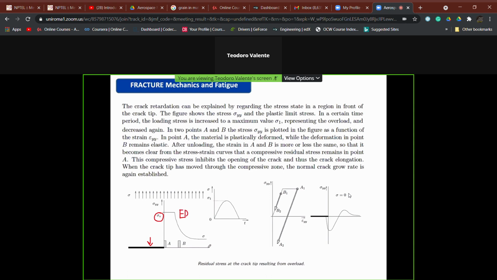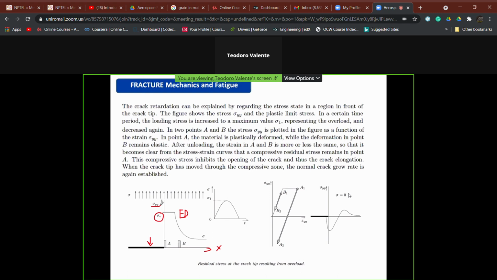And you see here the x-axis, in which we have sigma xx stresses, and the y-axis, in which we have the sigma y stress, as we have defined when studying the stress modeling at the crack tip for fracture mechanics.